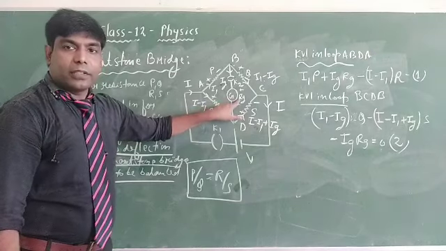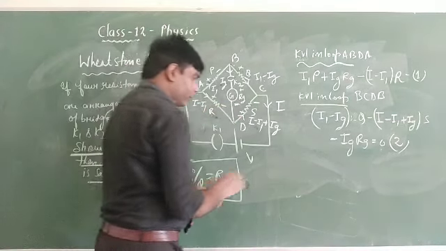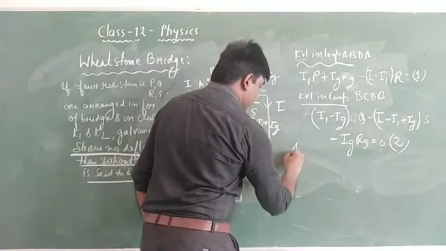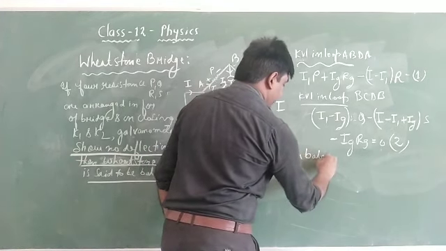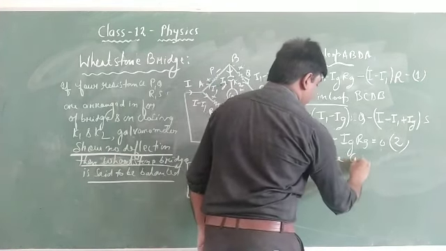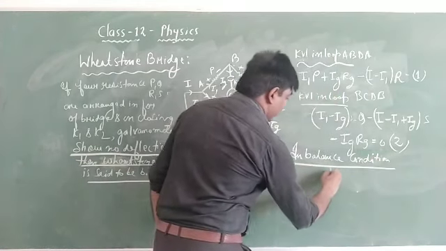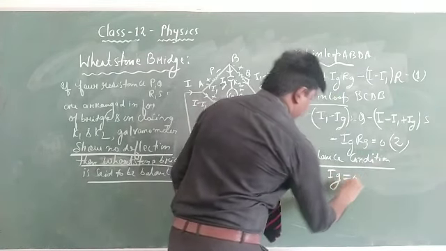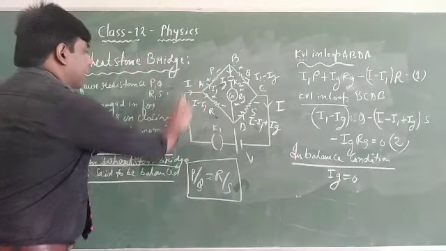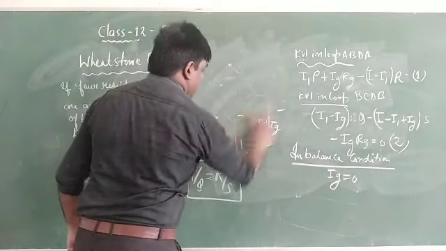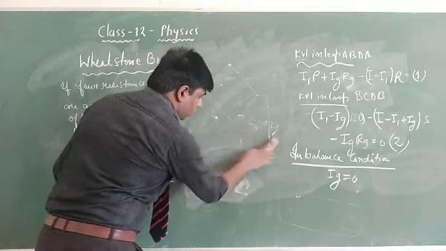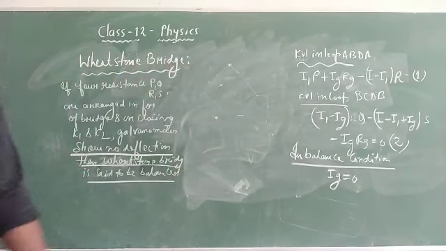No deflection means IG is equal to 0. Just put IG equal to 0. We have to put IG equal to 0 in equations 1 and 2, and for equations 3 and 4.